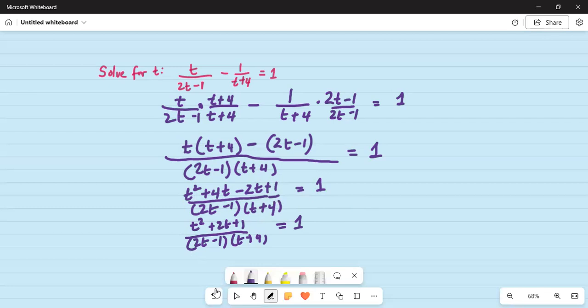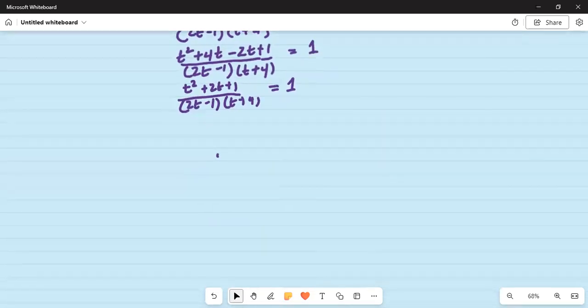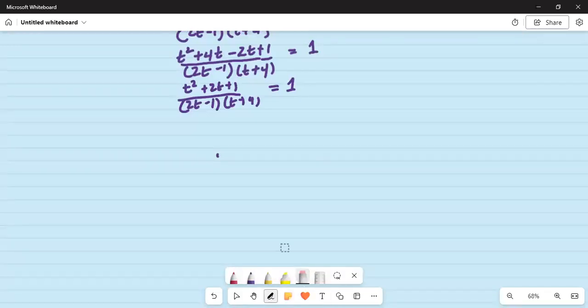So if I create some space here for myself, I get t squared plus 2t plus 1, divided by 2t minus 1 times t plus 4. And I will multiply both sides by the two terms in the denominator on the left-hand side.